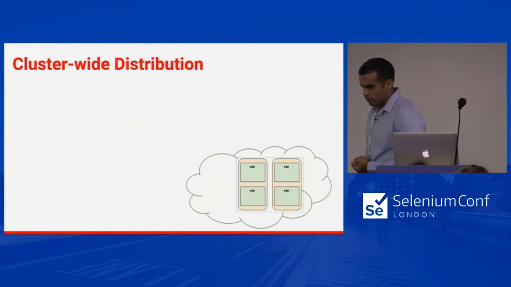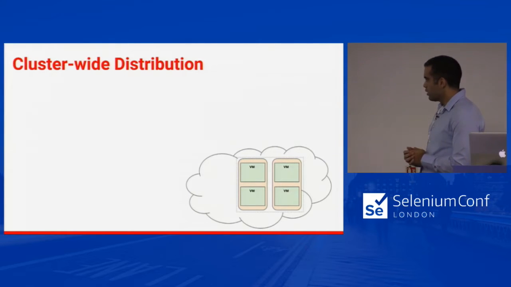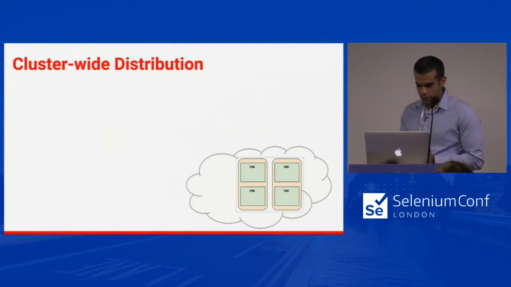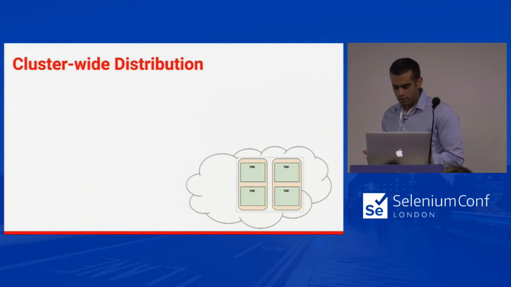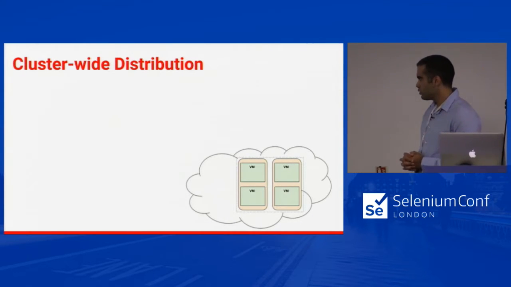And the primary question we had is how we can know how many browser sessions each VM can hold at the same time. We had many browser types at different versions, so we cannot definitely know how many browsers each VM can hold inside this cluster.